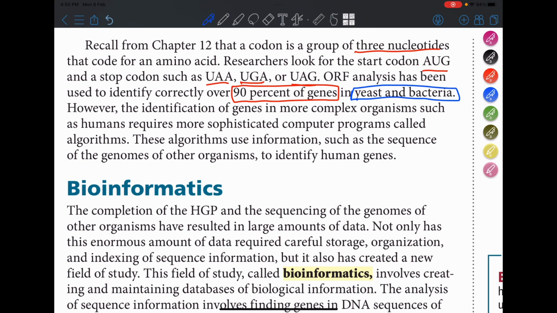However, the identification of genes is more complex in more complex organisms, such as humans, and requires more sophisticated computer programs called algorithms.